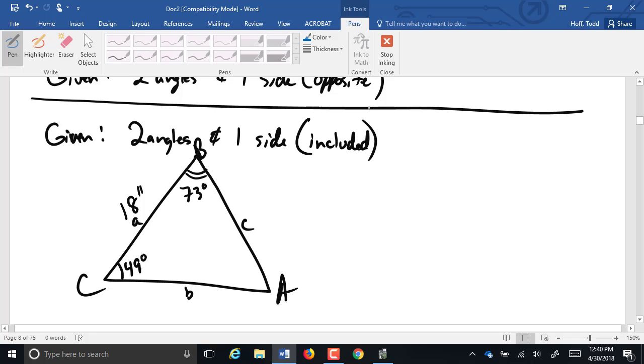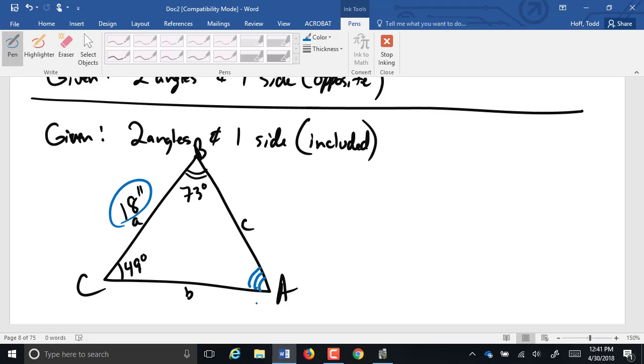Do I have a side and its opposite angle? Right now I don't, but I can. The only side I have is the 18. Its opposite angle would be angle A over here, which I don't have, but I can find it by subtracting from 180.